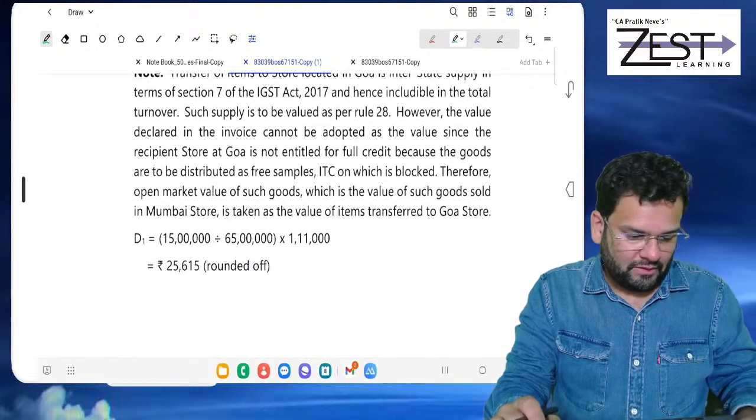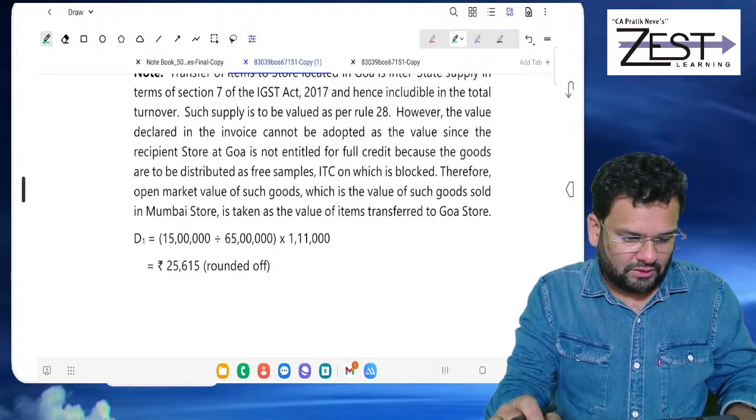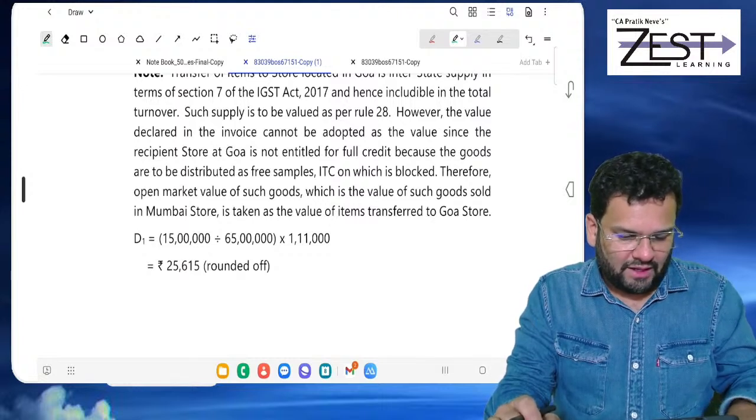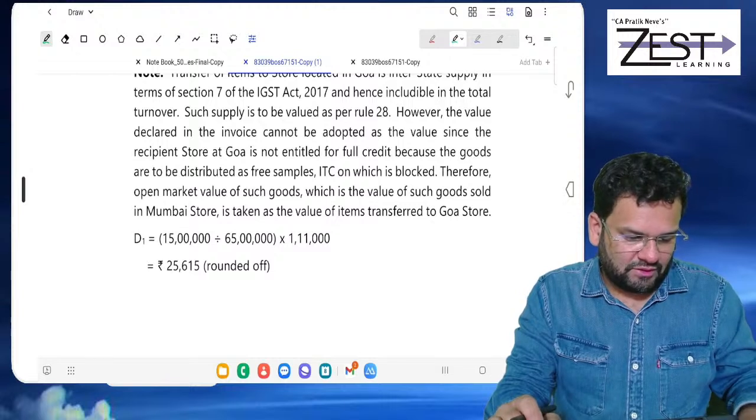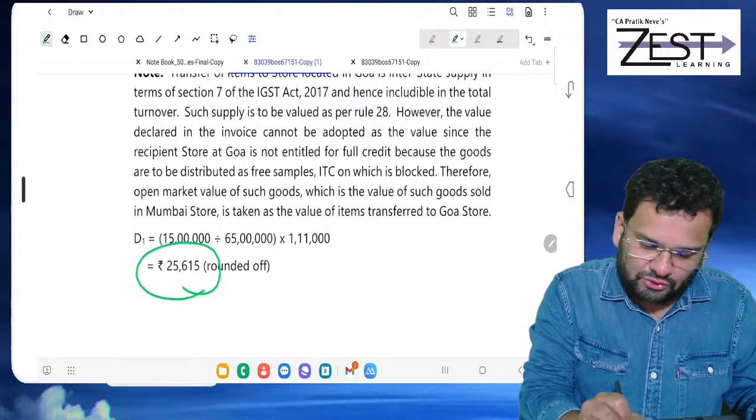So calculate your common credit. Check. 1 lakh 11,000 divided by 65 multiplied by 15. Are you getting 25,615?